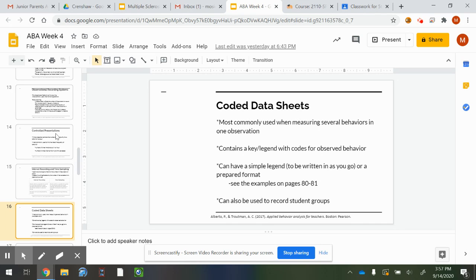You can also have a prepared format where you have the codes preloaded into your data recording format, and then you can either circle or cross off which of those behaviors you observed during that time period. Again, there are some great examples in the book. If you look at figures 4.13 and 4.14 on pages 80 and 81, they show great examples of the two different types of coded data sheets.